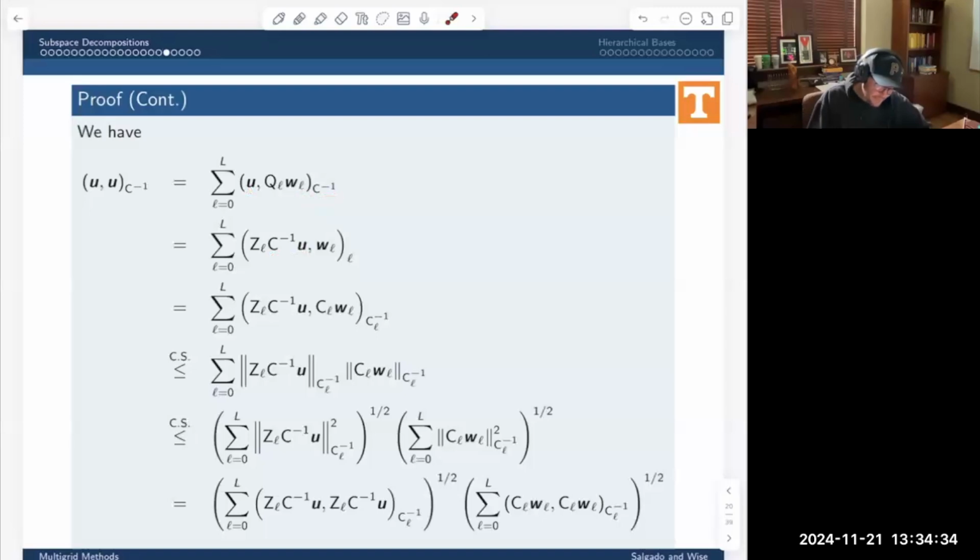But then I simultaneously move this QL over to the other side, and it becomes a ZL because we're in the Euclidean inner product. That changes the inner product from an inner product on Rn to an inner product on level L. So I did a couple of steps there at once, and it's an exercise to see if you can get from one step to the next. Going from there to there is an exercise.